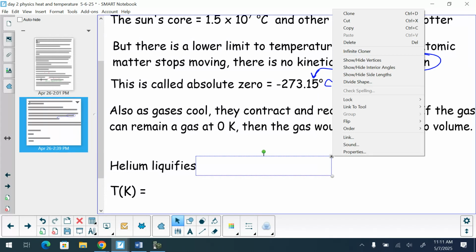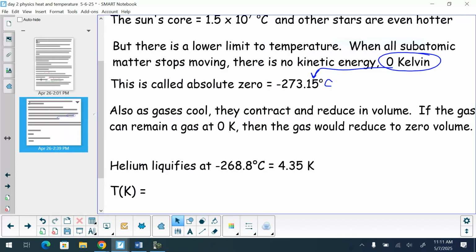An example, helium will liquefy at negative 268.8 degrees Celsius, which is 4.35 Kelvin. So helium almost makes it there. And that's at standard pressure.